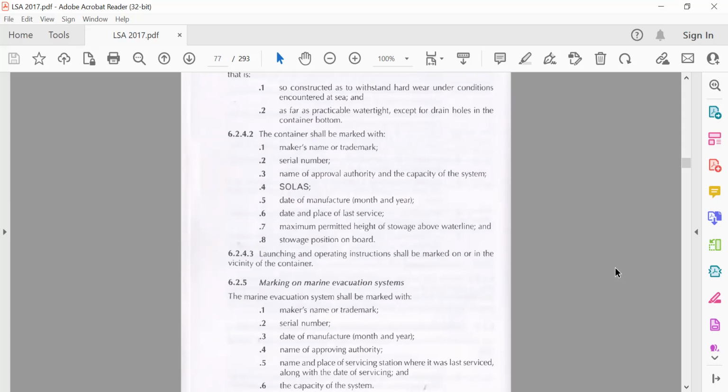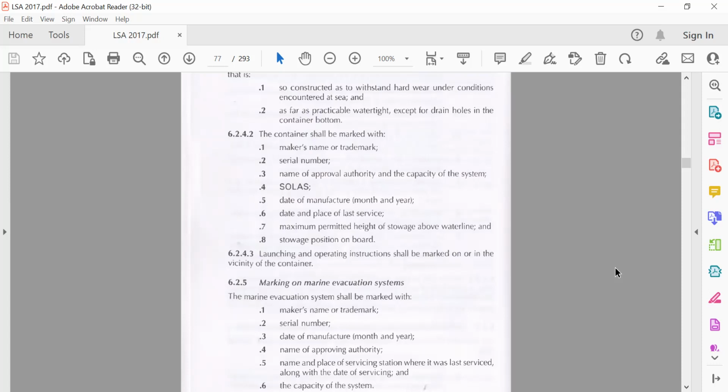The requirement is that it must have: one, a maker's name or trademark; two, a serial number; three, the name of the approval authority and the capacity of the system; four, SOLAS; five, the date of manufacture, the month and year; and six, the date and place of last service.